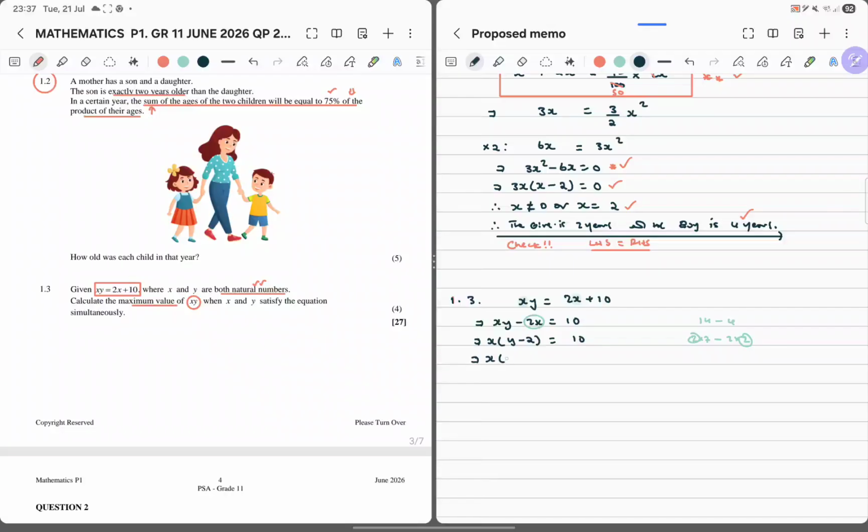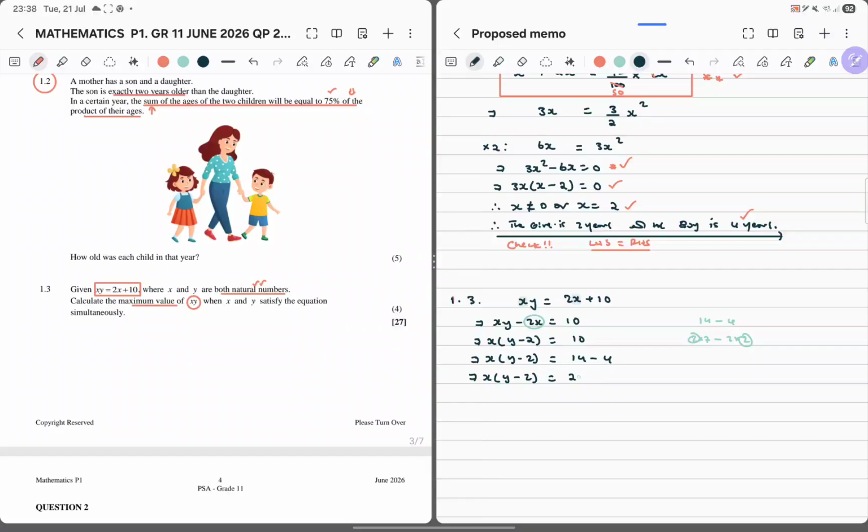So this implies that x into y minus 2 is equal to 10 is basically 14 minus 4. This implies that we've got x into y minus 2 is equal to 14 is 7 times 2, or 2 times 7. Let's do that.